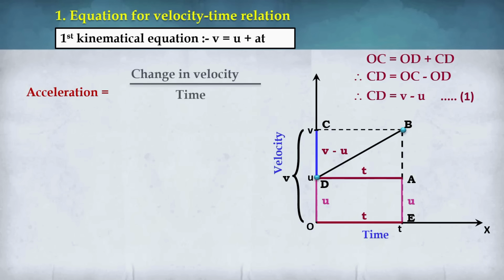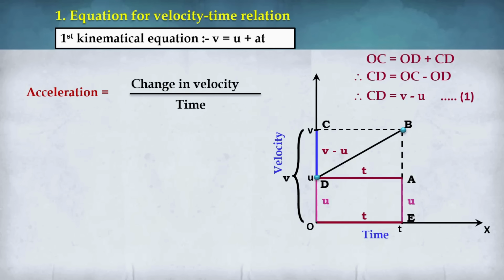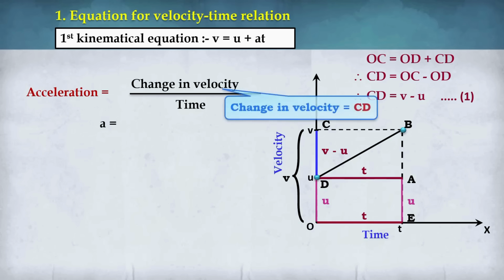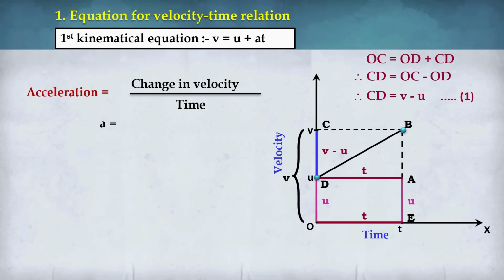Acceleration is defined as the change in velocity divided by time taken. From the graph, the change in velocity is represented by the vertical line between points C and D. This means the change in velocity is final velocity minus initial velocity, which is v minus u. So we can write that the line segment CD is equal to v minus u.